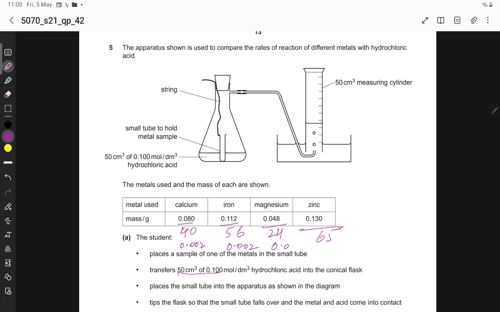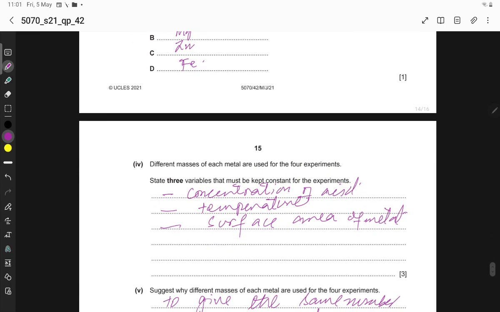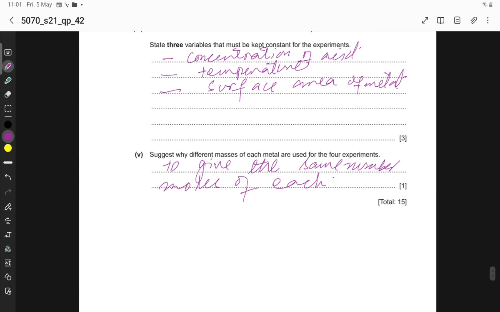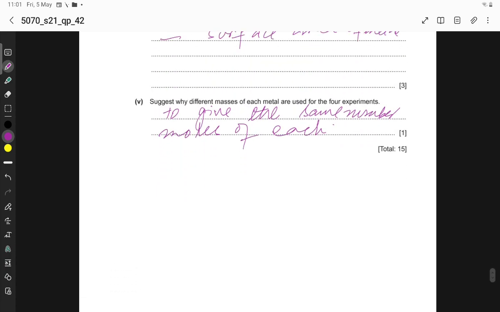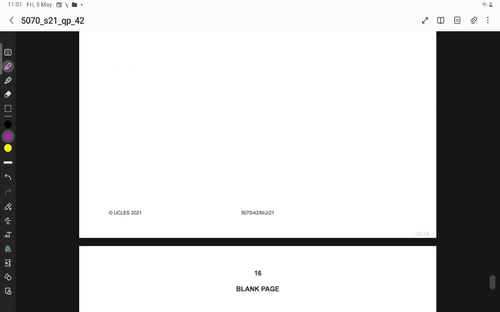This is again 0.002, 0.002. So the different masses of each of the metals are used for the 4 experiments to have the same number of moles.